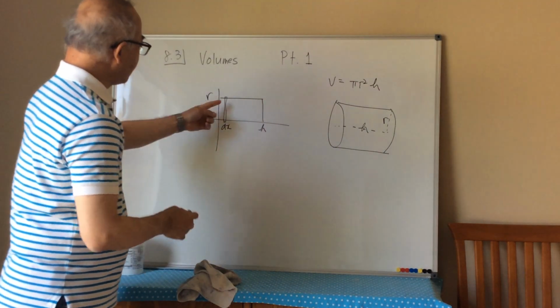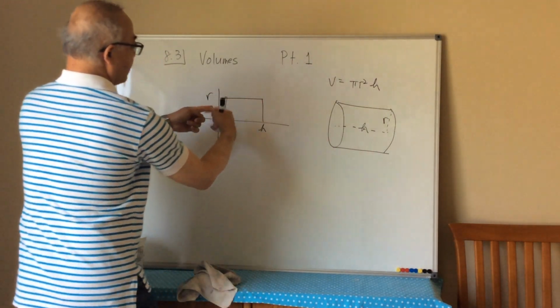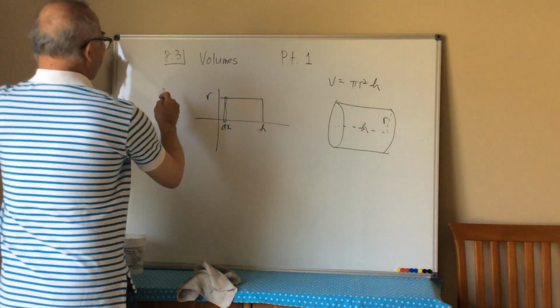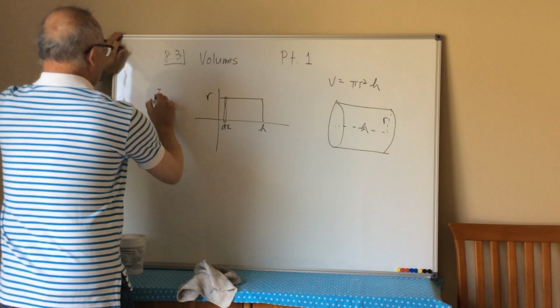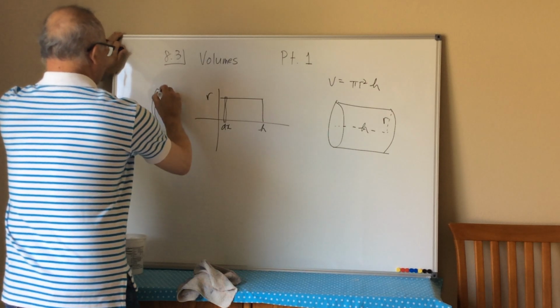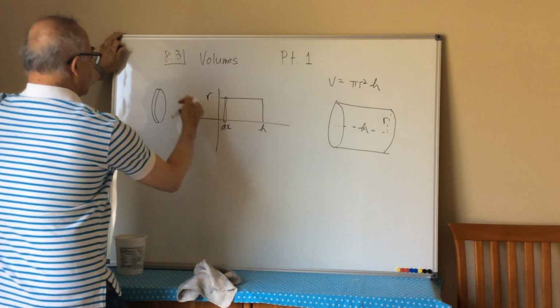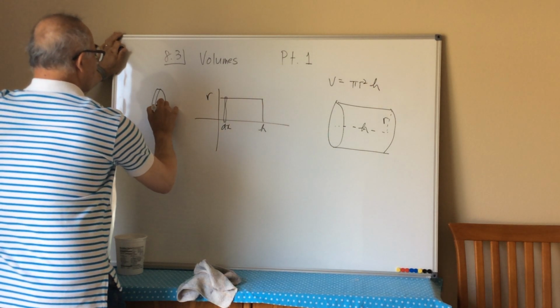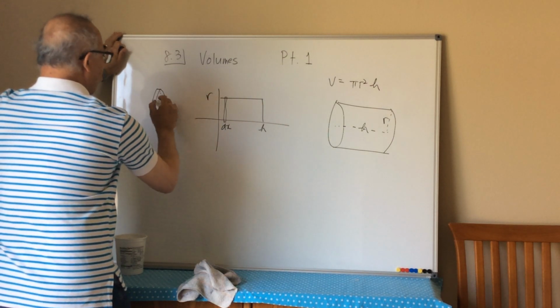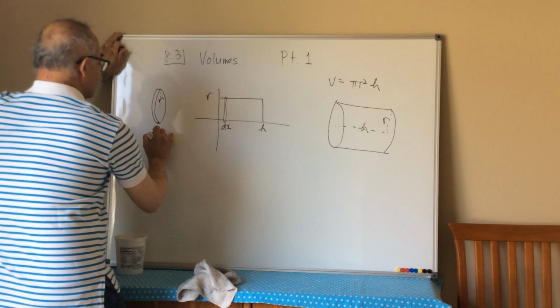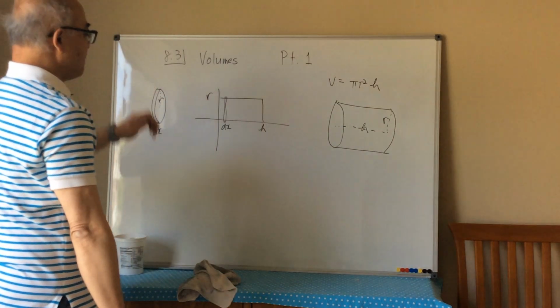So when you rotate this little strip around, you're going to end up with what? You're going to end up with a thin disc, as you rotate this around, right? A thin disc with a radius of r and a thickness of dx.